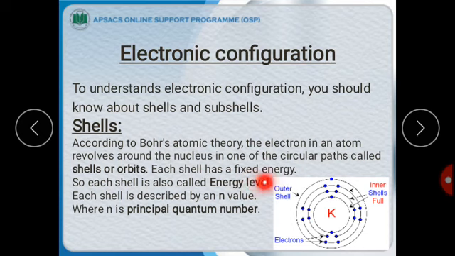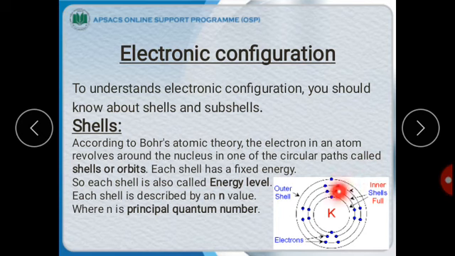Each shell has a fixed energy, so each shell is also called an energy level. Each shell is described by an N value, where N is the principal quantum number.